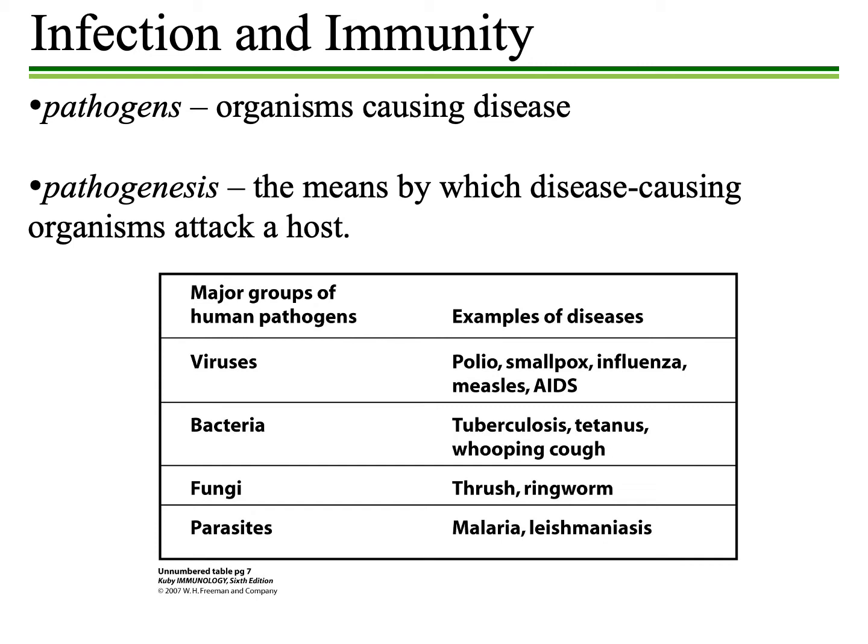We have spent most of the time this semester talking about bacterial infections and a little bit about viruses, but with today's lecture and the next lecture, we are going to look at all four categories and the specifics in the immune response that deal with those pathogens.